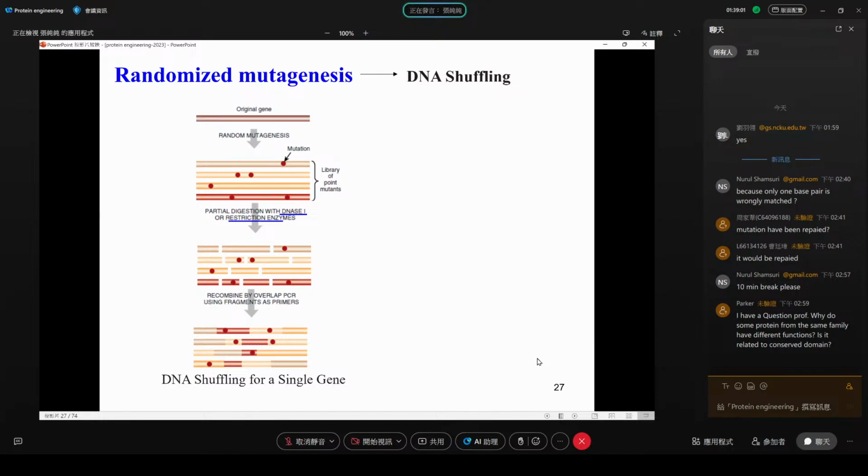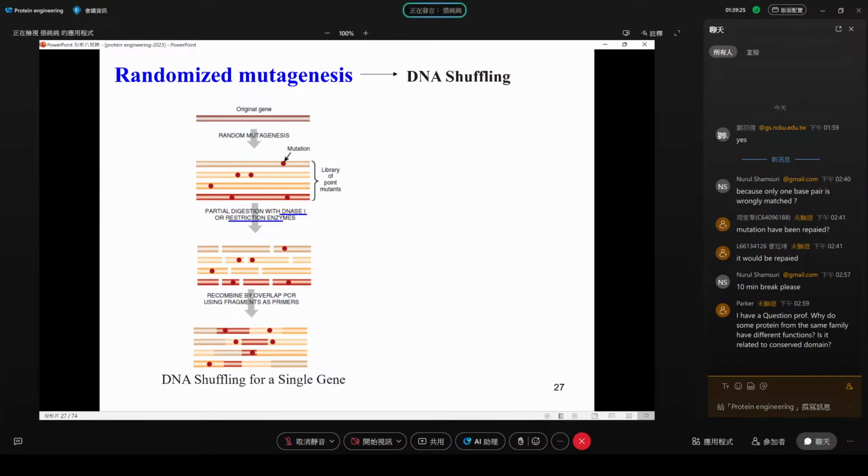This protein, even though it contains the original DNA template, like the homeodomain from human that we always know, like Pax6 genes, this kind of gene, already has a very different domain after this kind of DNA shuffling.